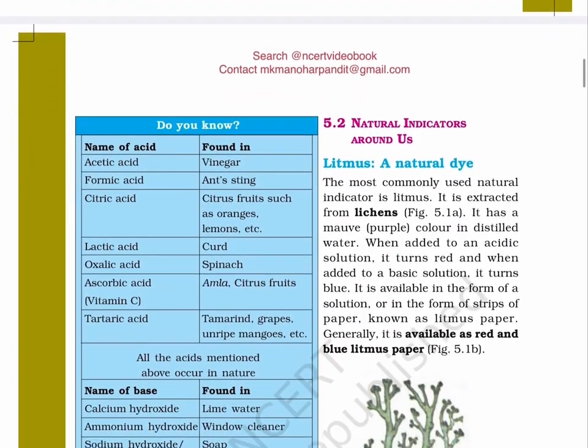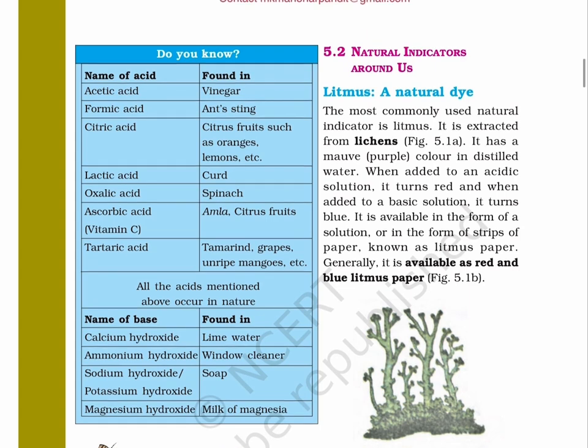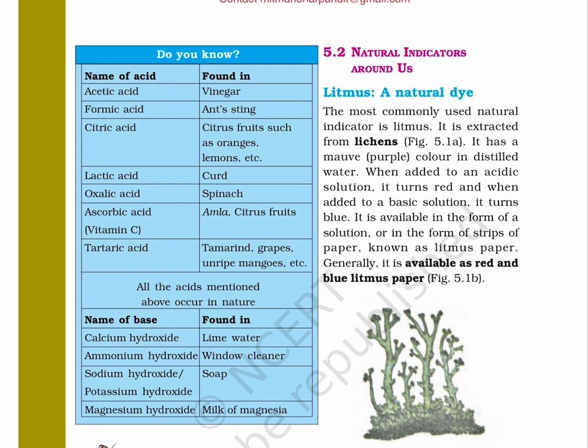Page 50. Do you know? There is a table given here. In this table, there are 2 columns and 7 rows. In the first column, we are given name of acid. In second column, we are given where it is found.